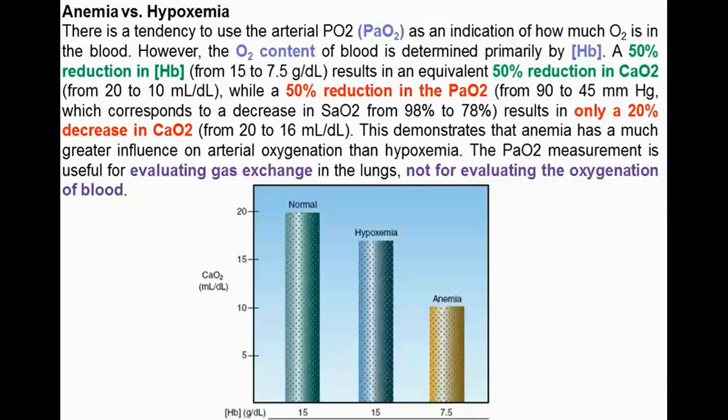What is more important, anemia versus hypoxemia? If we have two patients, both have a 50% reduction, one in his PO2, the oxygen tension, which is the dissolved part, where the equation is 0.003 times PaO2, the partial pressure of oxygen, or a 50% reduction in his hemoglobin.